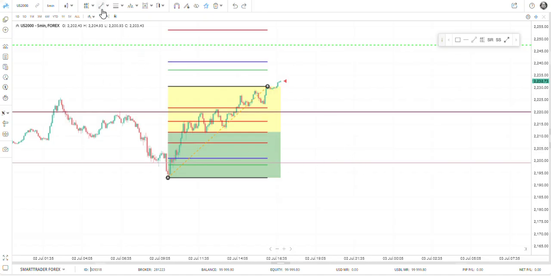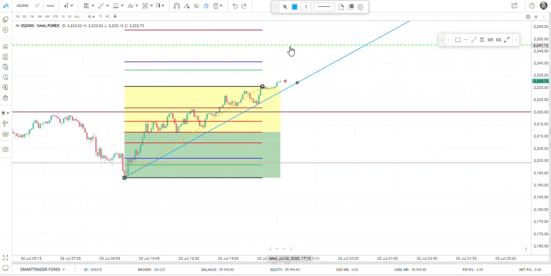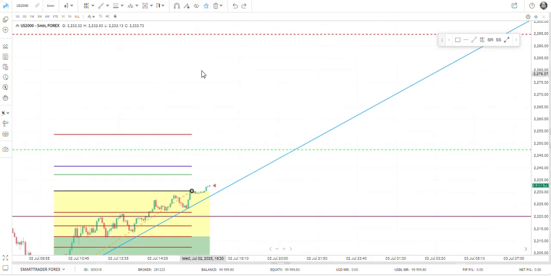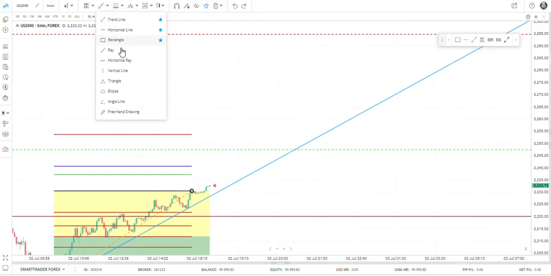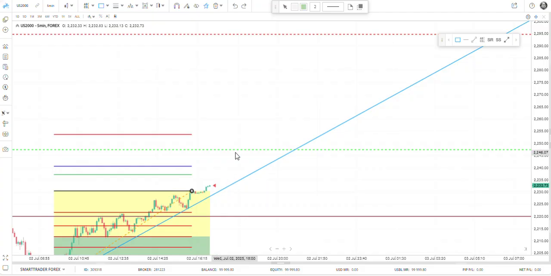So I'm going to put on a trend line here, right? We know that the 1 hour, this is the D extension, which is still in our zone. So if price pushed up and gets into this zone, hitting this D extension, if it doesn't come and hit this, guess what?